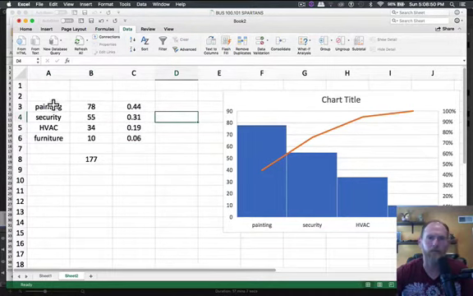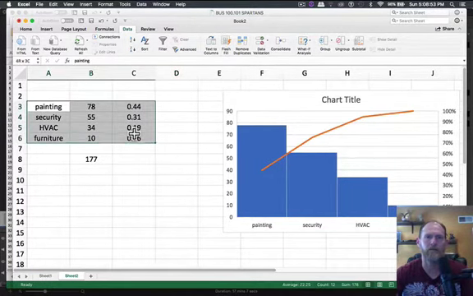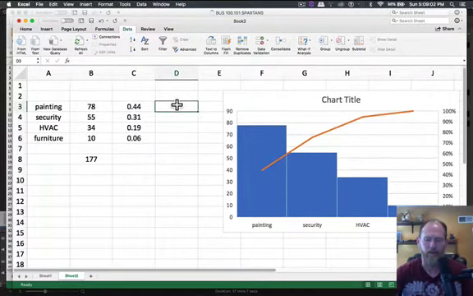Okay, so my frequency table over here matches what I'm seeing over here, with the exception of this orange line, this cumulative thing.